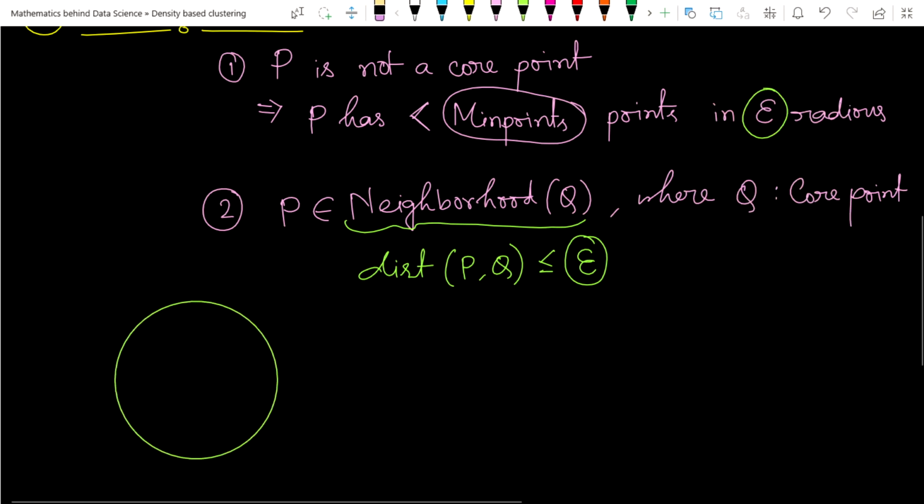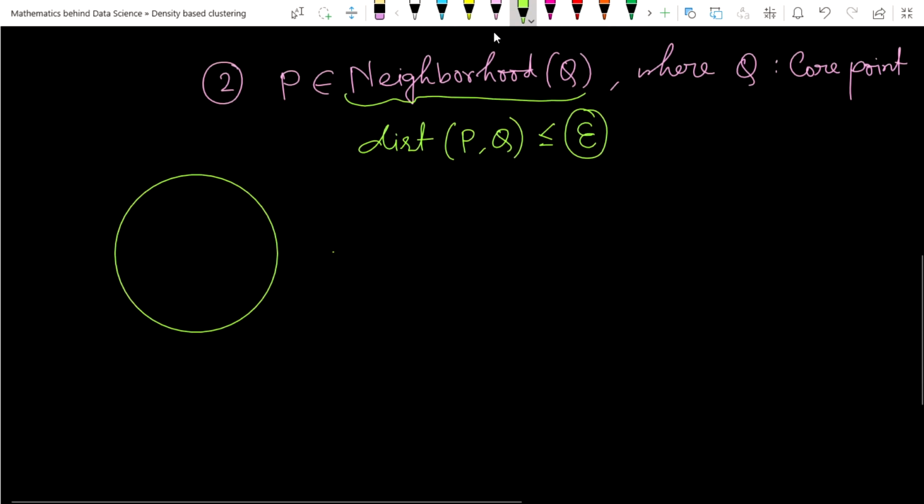Suppose this is the region that we have. On that region, somewhere Q is here, and suppose the Q that we have is a core point. Somewhere here P is here.